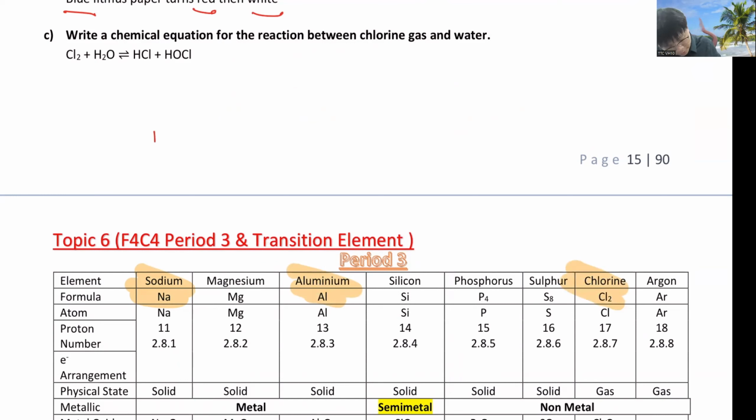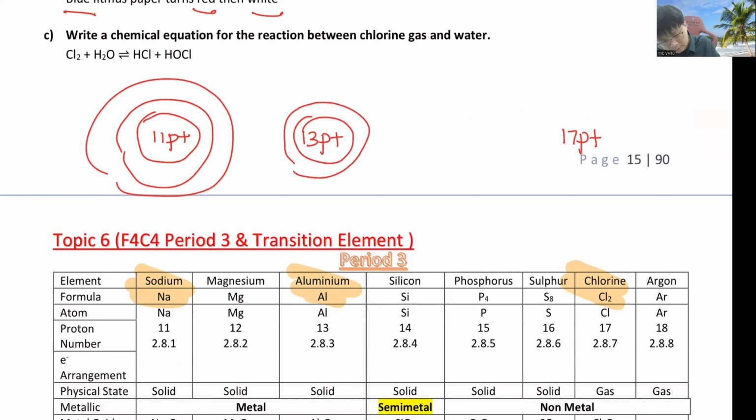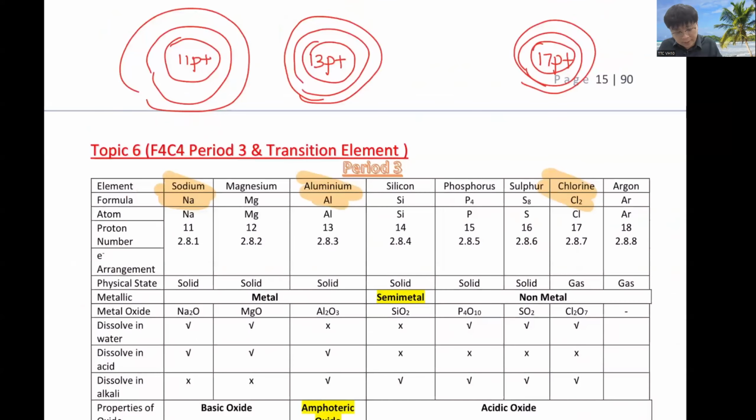This one has 11 protons in the middle, this one has 13, this one has 17. So when you get more and more protons, they are able to attract the electrons closer, because more protons means stronger force.